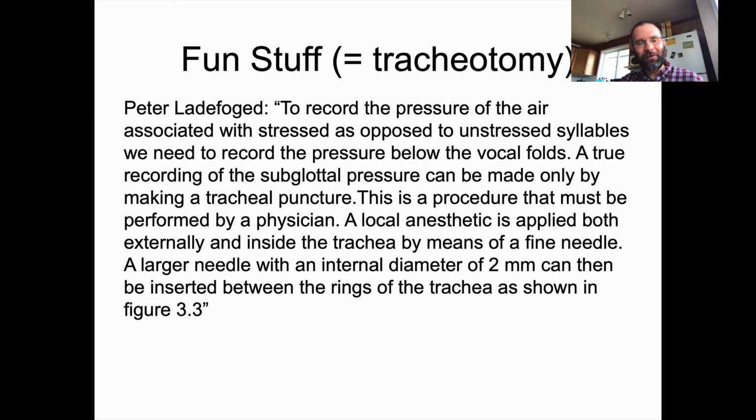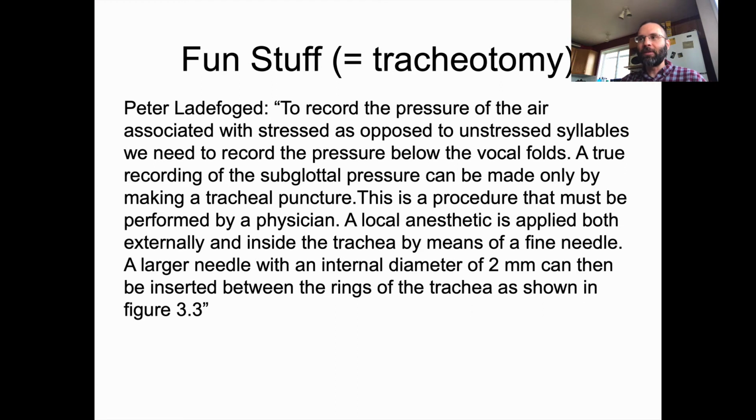This is from one of Peter Ladefoged's texts, where he talks about how to measure air pressure, or what's called subglottal air pressure, which is how much air pressure you have in your trachea before the air gets to your vocal folds and is perturbed by the action of whatever you're doing with your larynx. So this is useful to know because air pressure or airflow is one of the factors that feeds into the level of F0, right?